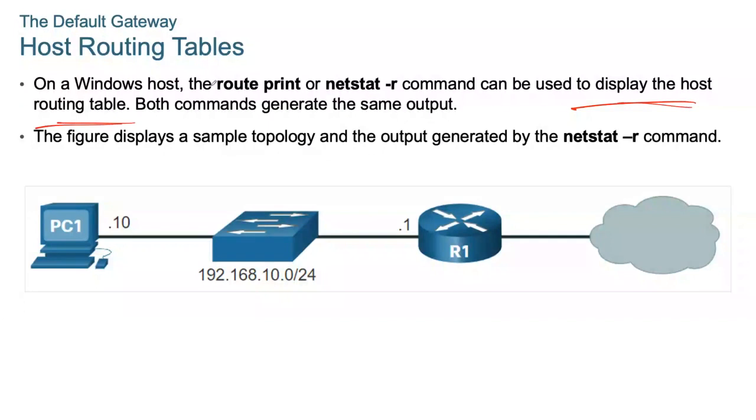You can use route print or netstat space -r. This command is used to display the routing table of your router. In that routing table, it will have the source IP address, destination IP addresses, and the network translation addresses also.